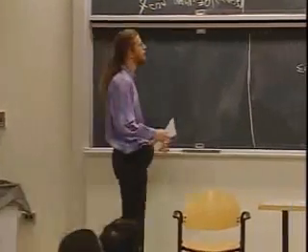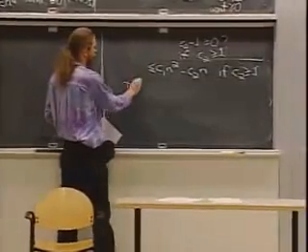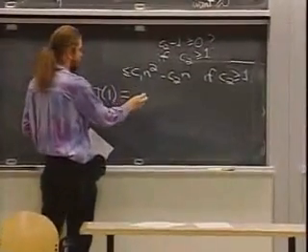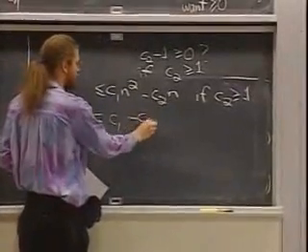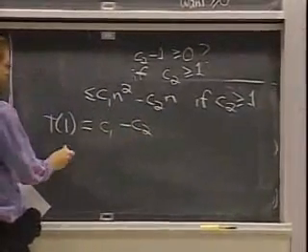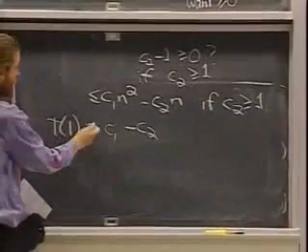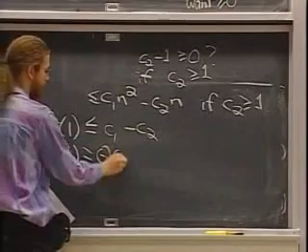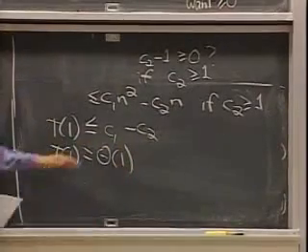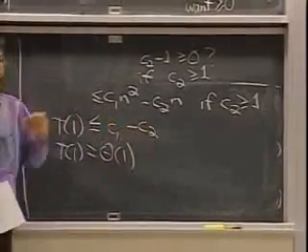So the base case will have T of 1 is C1 times 1 squared minus C2. We want to prove that it's at most this. And T of 1 is some constant, we've assumed. So we need to choose C1 to be sufficiently larger than C2, in fact.